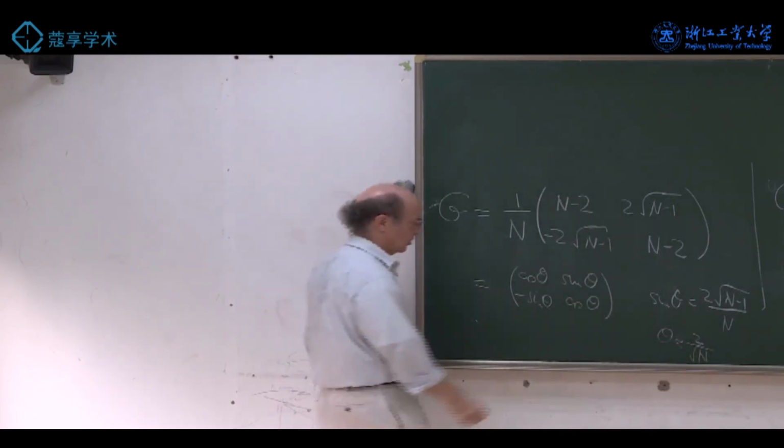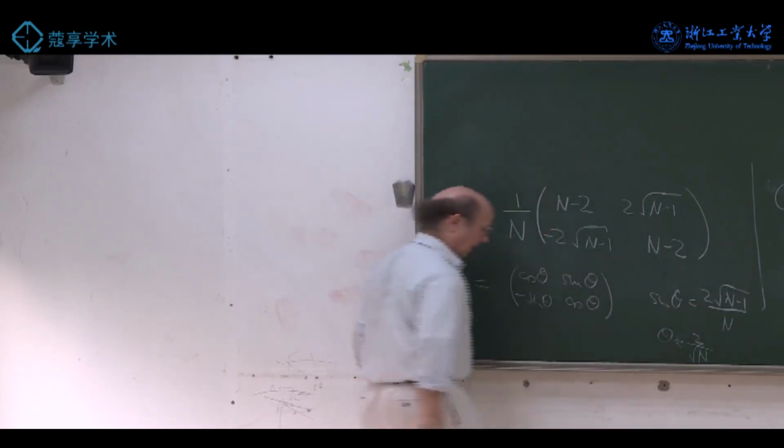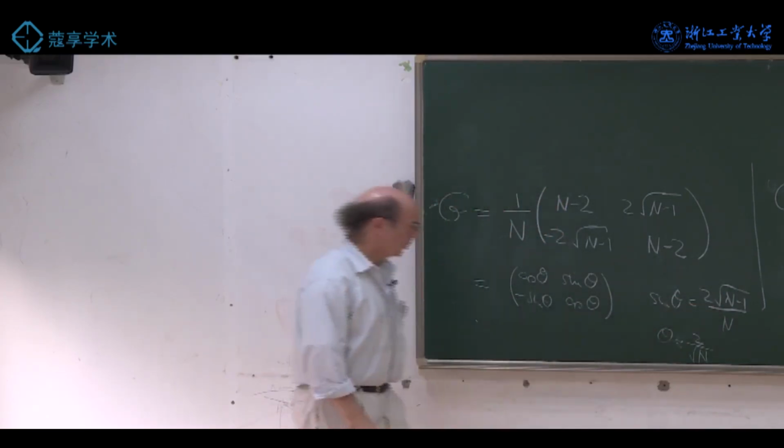So sine theta is exactly 2 square root of n minus 1 over n. And for large n, theta is a small angle, 2 over square root of n.